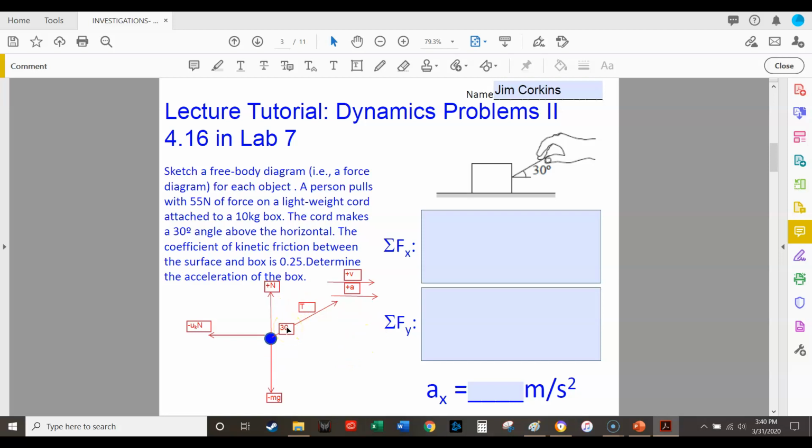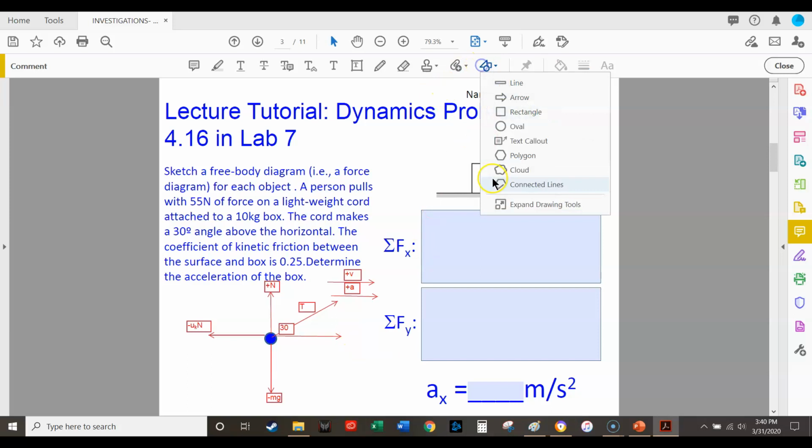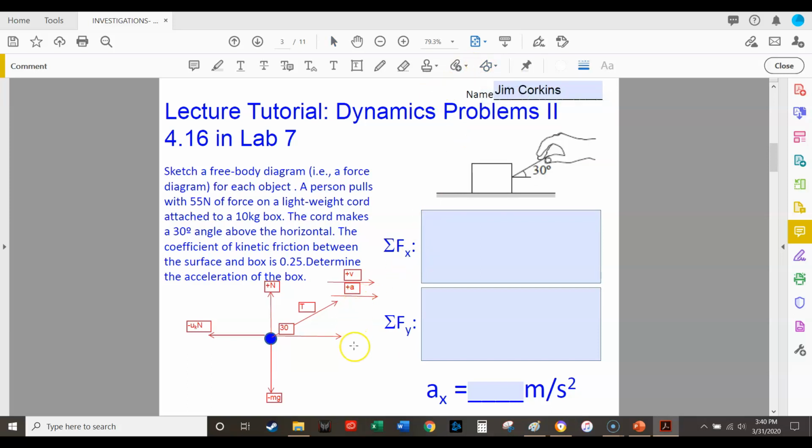Now this angle of 30 degrees is making a triangle right here. This arrow is pointing up and to the right, so I'm going to draw the vectors.